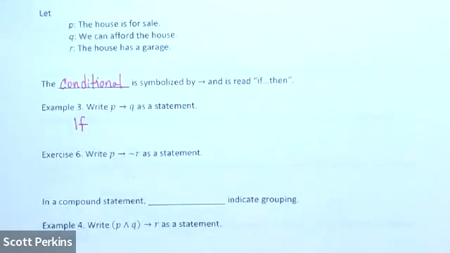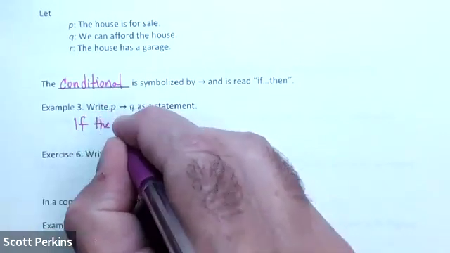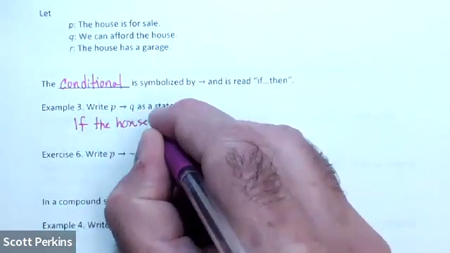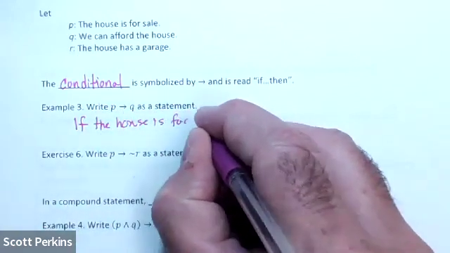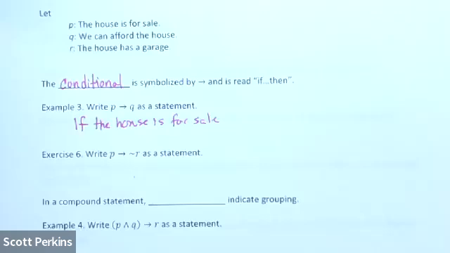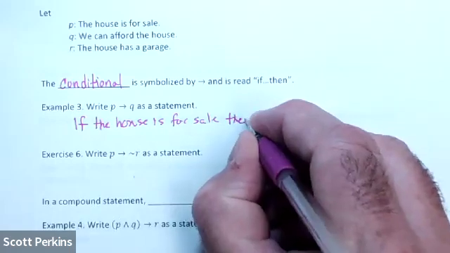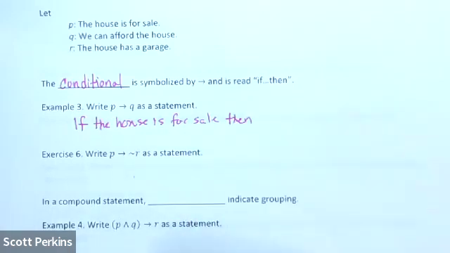If the statement P, if the house is for sale, now before I write down the statement Q, I'm now going to write the word then. And then the statement Q is we can afford the house.